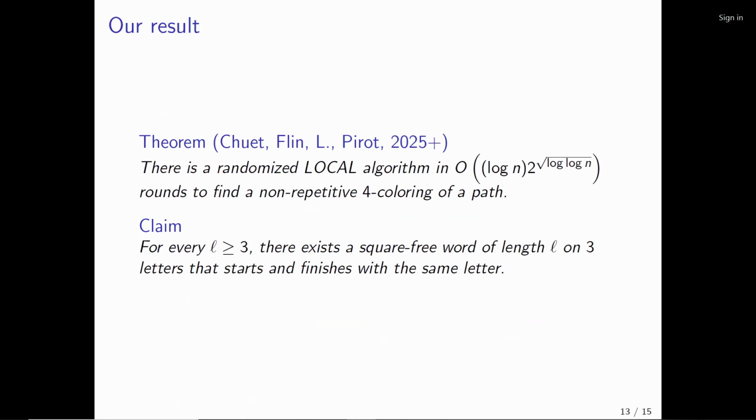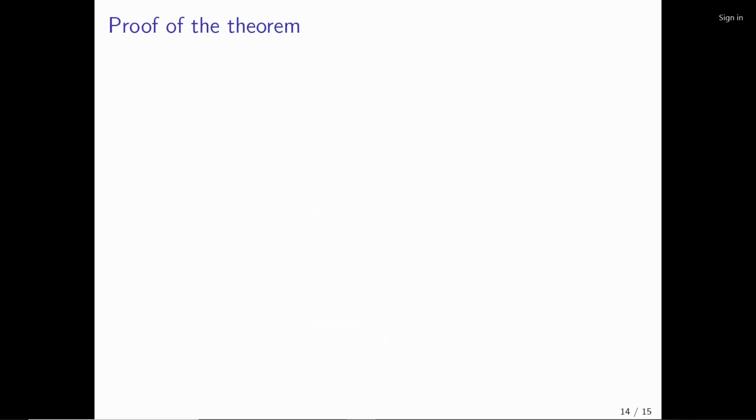This is just some manipulations of explicit constructions, actually the Thue-Morse sequence, with some arithmetics. Okay, so let's say that we can do this. Then what is the proof?